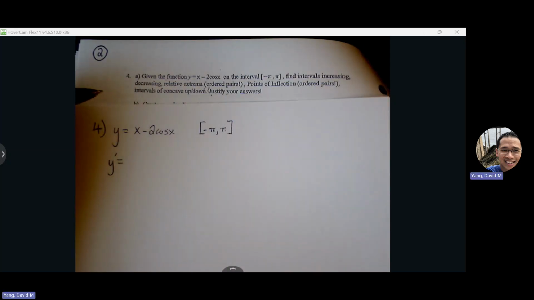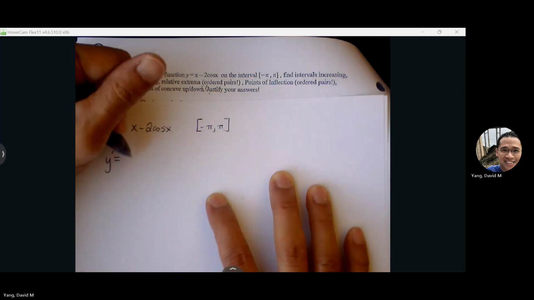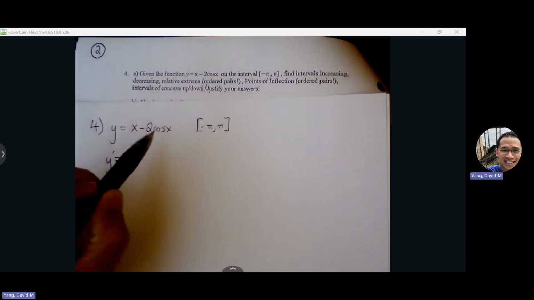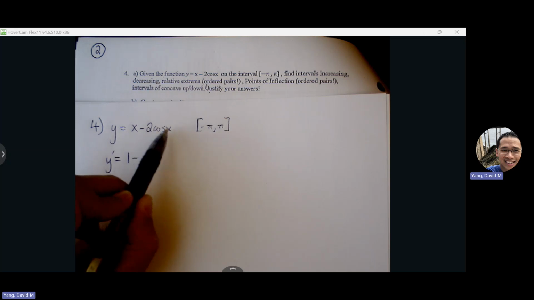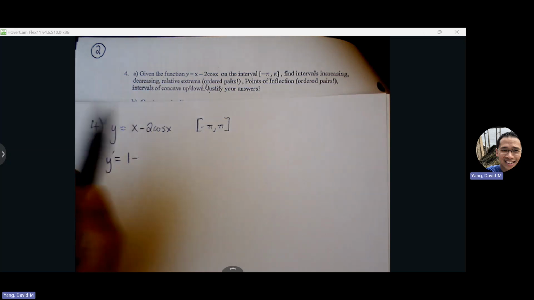Start with y prime. Derivative: x becomes 1, cosine becomes a negative sine. The negative sign will push that negative to 2 negatives, which will make positive.